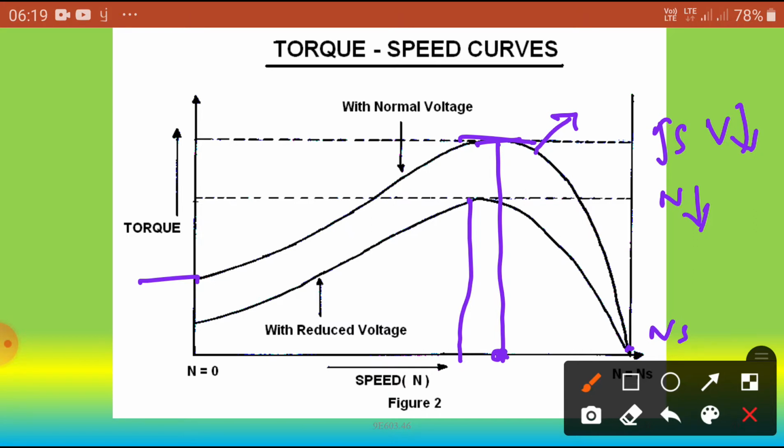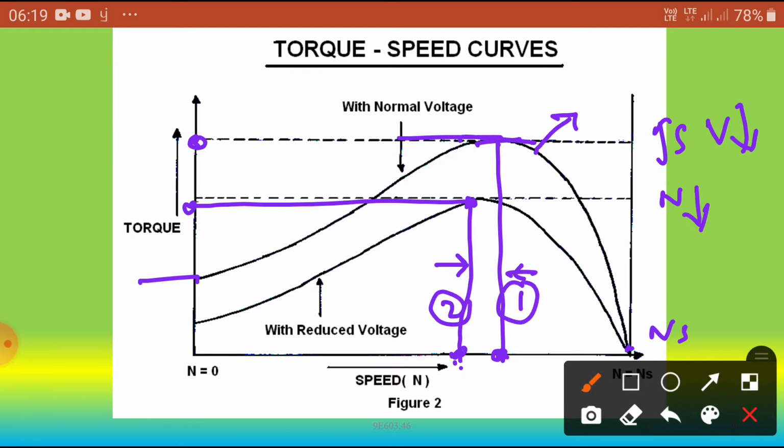Instead of getting the maximum torque at the higher speed, it is reduced here. This is the difference. At this condition we get the maximum torque, and its magnitude also changes, as does the speed at which it occurs. This is the second case, and this is the first case.